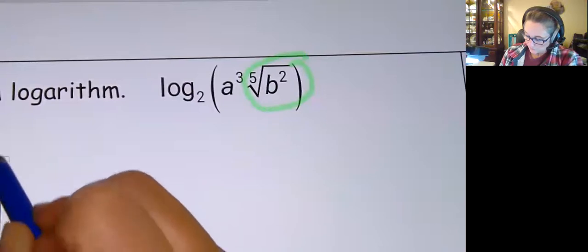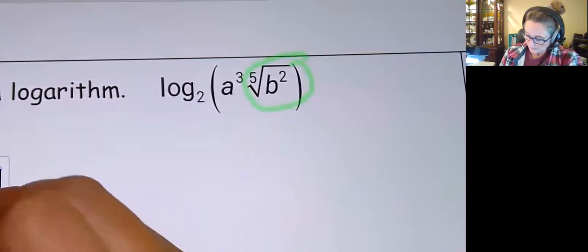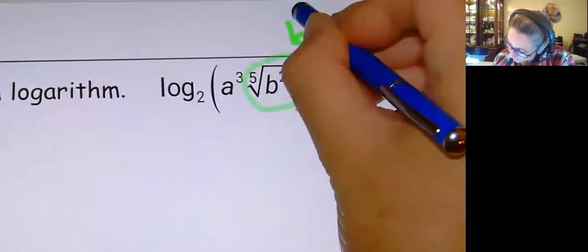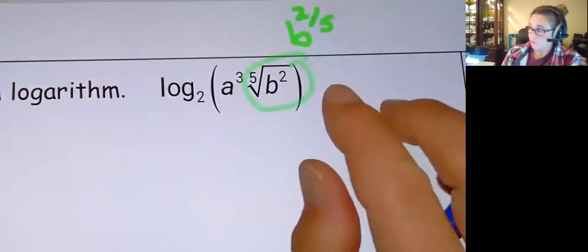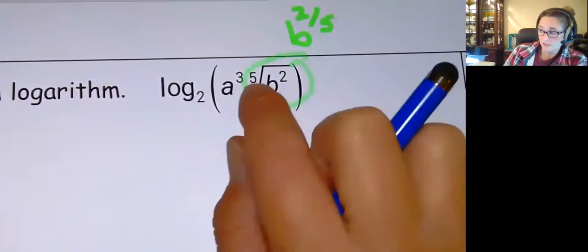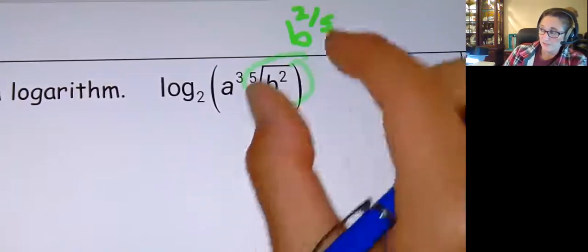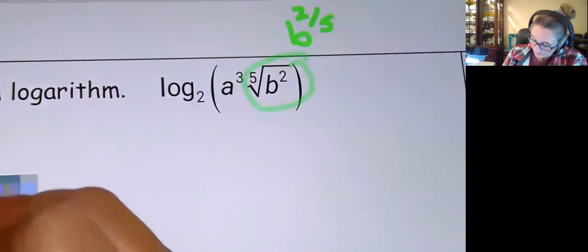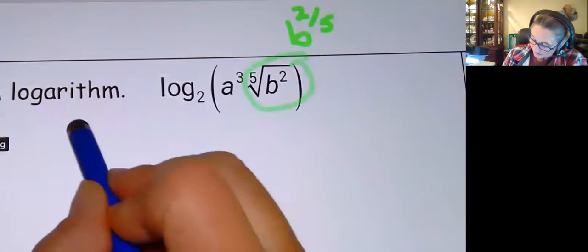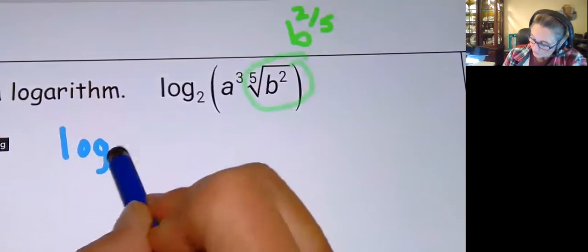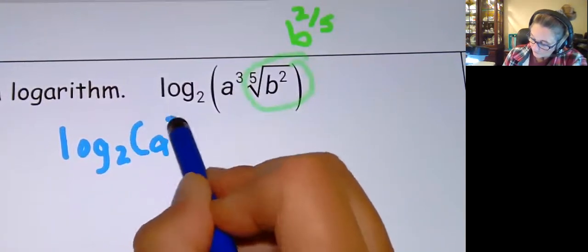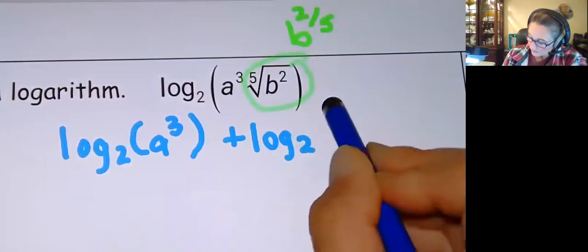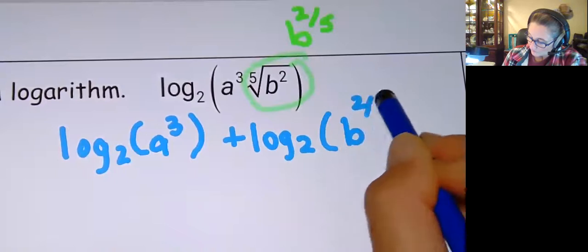So I can rewrite that as b to the 2/5. 2 because of this, and anytime you root it, that means that's going to go on bottom. So now when I rewrite this, I am going to have log base 2 of a to the third, I'll start it out that way, plus log base 2 of b to the 2/5.